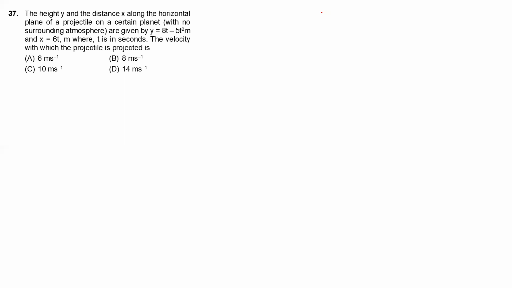See, the y displacement and x displacement in a horizontal plane of a projectile on a certain planet with no surrounding atmosphere are given as y is equal to 8t minus 5t square, and x is equal to 6t. Students, we want to find the velocity.